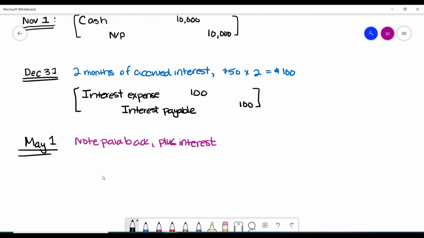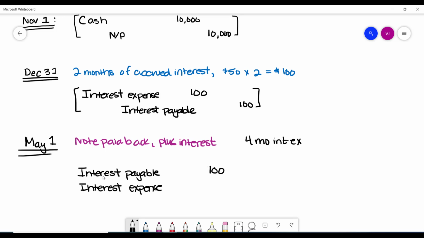So we're going to debit that interest payable up above because we're paying everything off now on the payment date. We're going to debit the interest payable for $100. But now we have to debit interest expense as well, because remember, we've gone into a new year and there's 4 months of interest expense that still needs to be recorded.